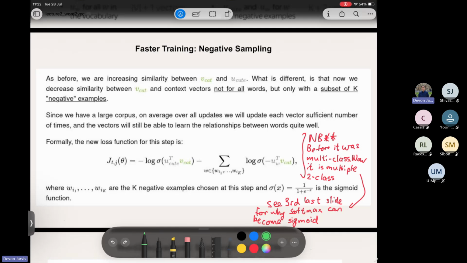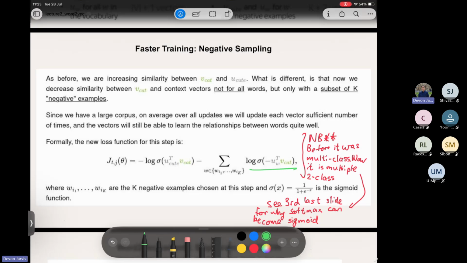There's a mapping from a softmax distribution: when you have two classes, you can go from softmax to a sigmoid distribution. And this is essentially what we're going to do. Instead of doing this big multi-class classification of our entire dictionary, we're going to do multiple binary decisions. Are cat and cute going to go together? We're optimizing that with a sigmoid, so that's now a yes or a no. On this side, we do the same thing: are cat and another focal word meant to go together?